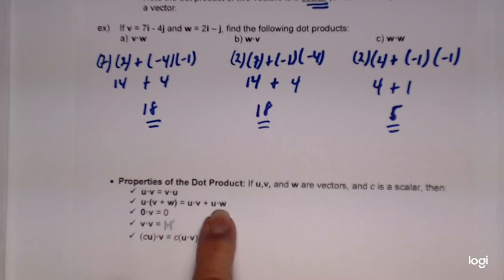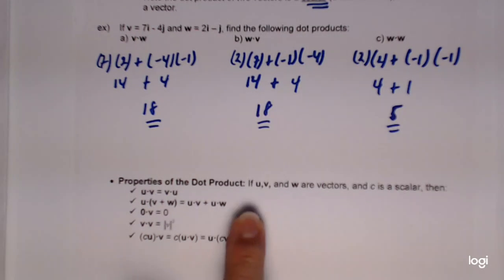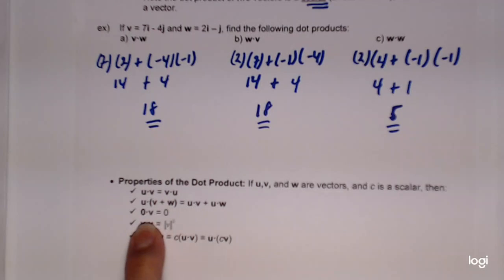So this kind of looks like the distribution property that we've used before in algebra. The zero vector dot product with v is just going to give 0. I think that's almost common sense.